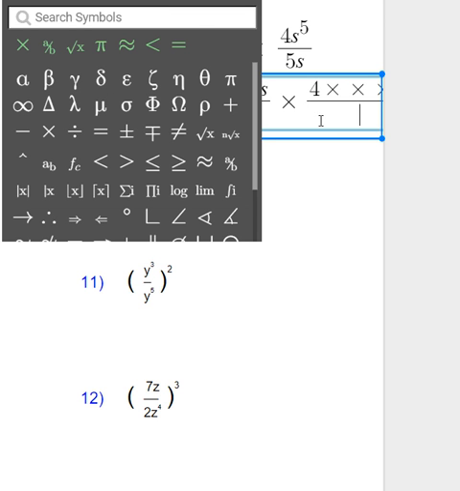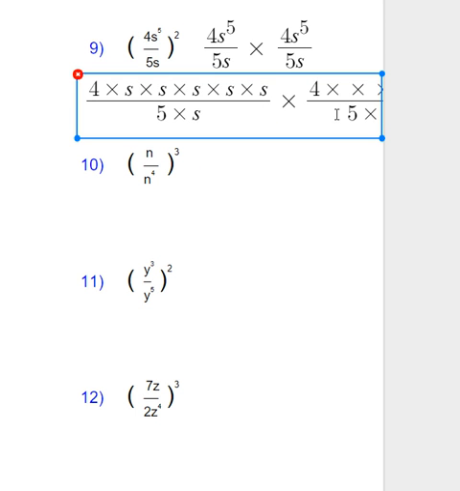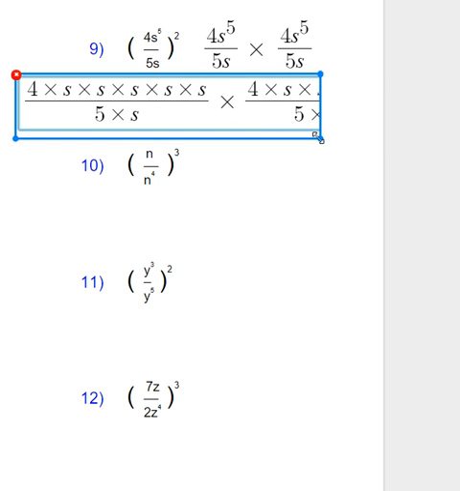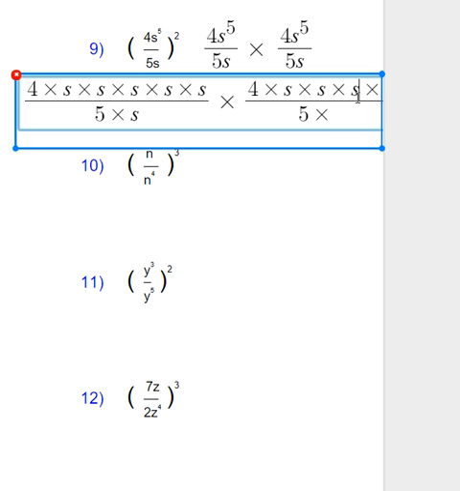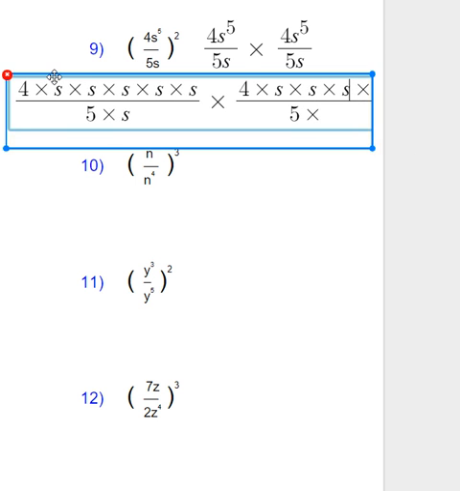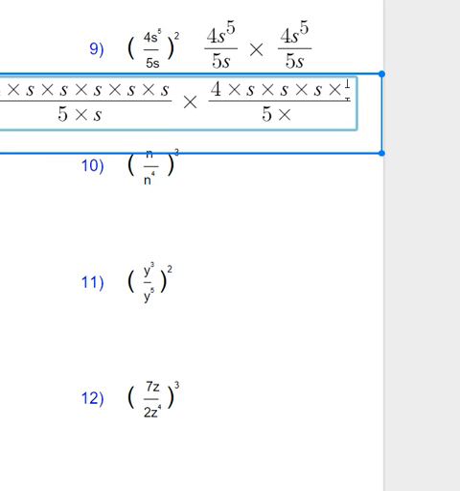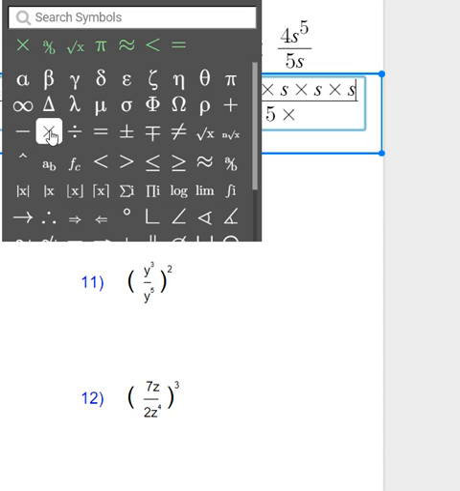And down here, I'm going to do 5. And one of those, then I'll put in my s's. Oh, I need one more. Times s. And 5 times s.